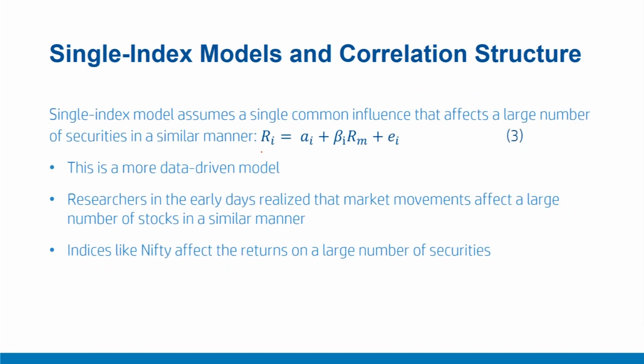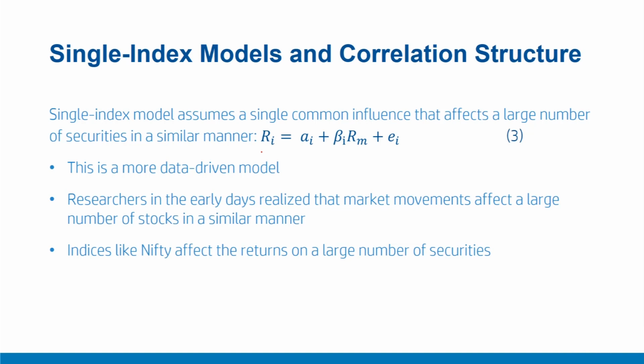This search for correlation structure across securities has led to an important set of models called single index models. These models assume a single common influence that affects a large number of securities simultaneously in a similar manner. The single common factor is responsible for the co-movement of a large number of securities, thus simplifying the correlation structure to a large extent.